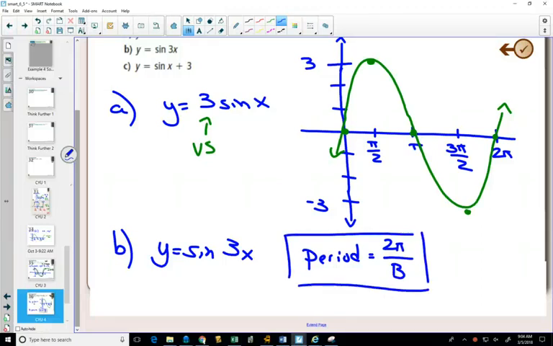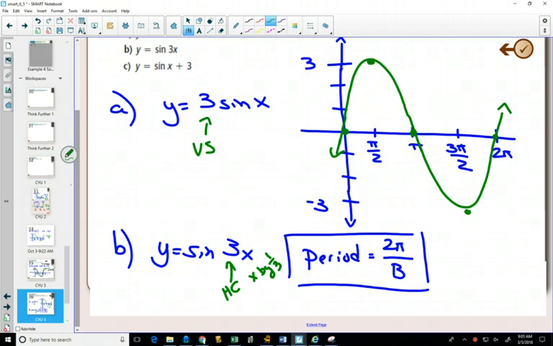We introduce this formula, but this formula should make sense to you. This is why it's not on your formula sheet, because the period of sine is normally 2 pi, and when we have a 3 in here, that would be a horizontal compression. You would multiply all your x values by 1/3. So your period that was 2 pi, when it gets multiplied by 1/3, gets compressed.